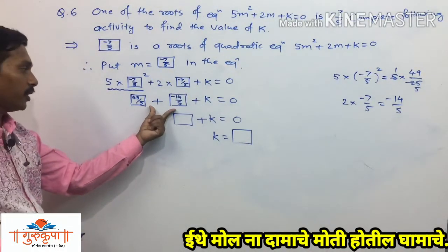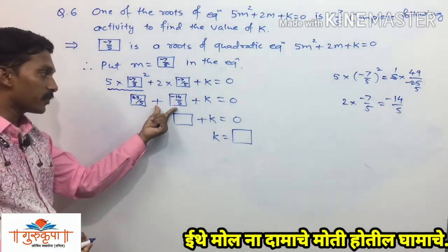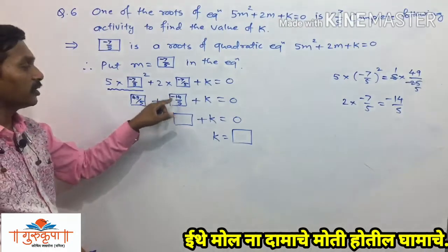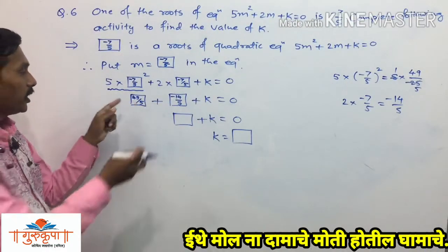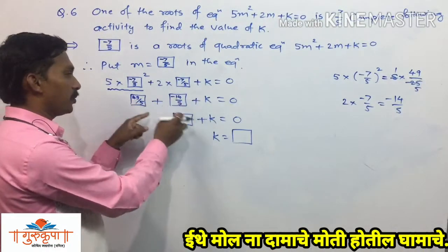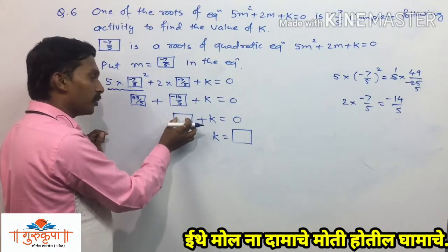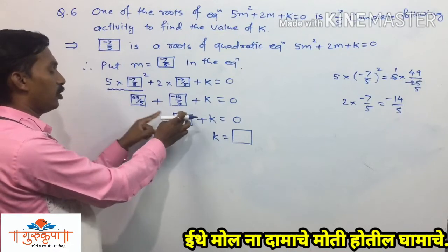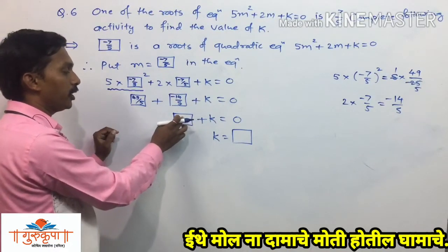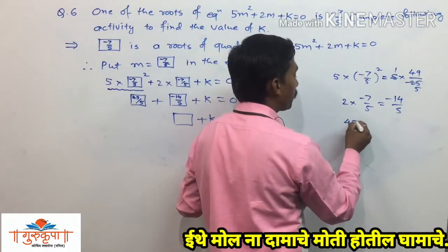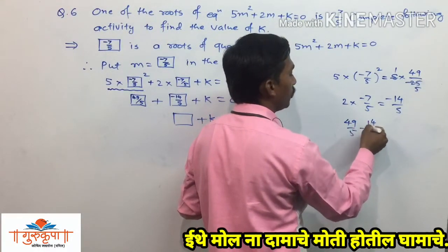And now we have to take the addition or subtraction according to our rule. One term is positive, another term is negative, so we will take the subtraction of these two terms on the rough page, and you will put the proper number here. After subtraction, whatever number you get, you have to put it into the box. So 49 upon 5 minus 14 upon 5.